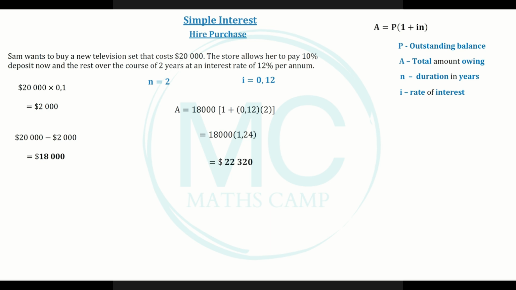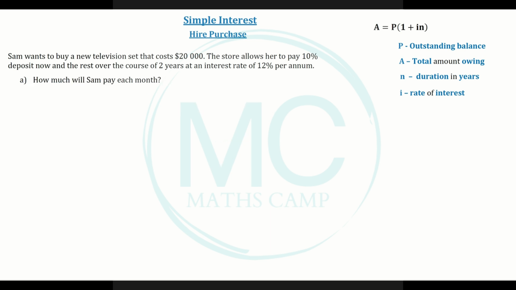So now we can look at part A. Part A asks, how much will Sam pay each month? Now, the store does not want Sam to pay the whole outstanding amount in one go. Hire purchase allows buyers to pay off the total amount in equal monthly installments over a set period of time.